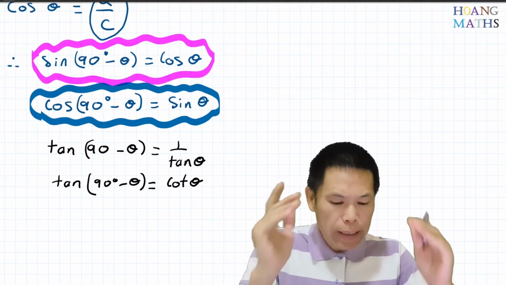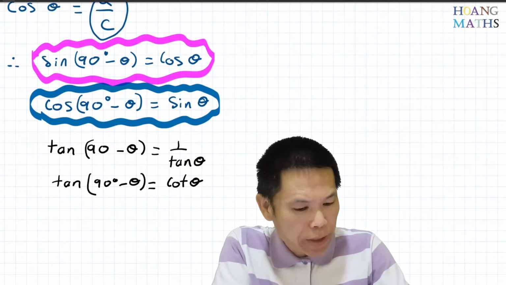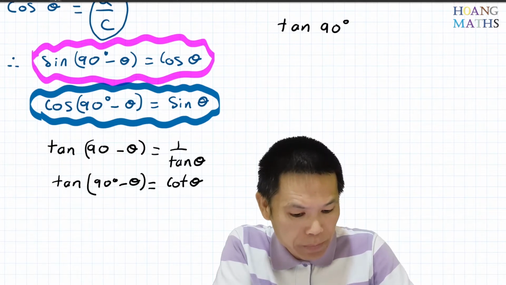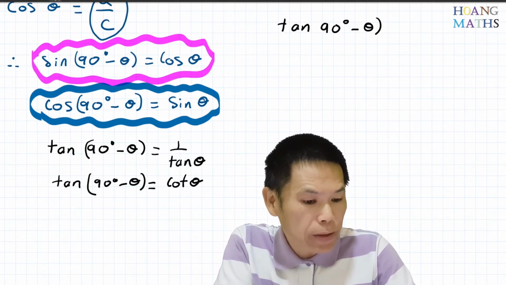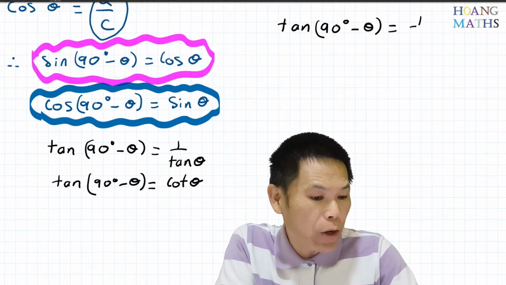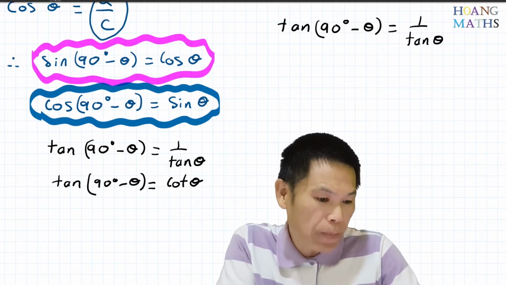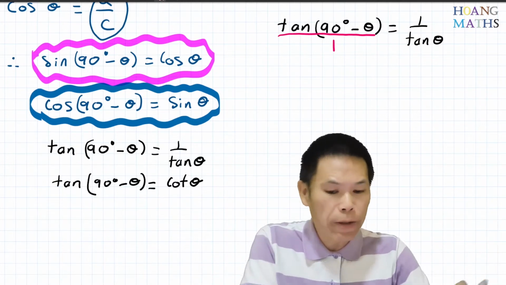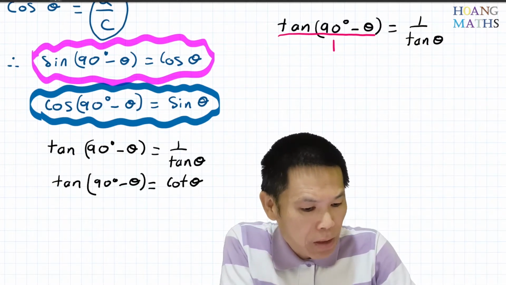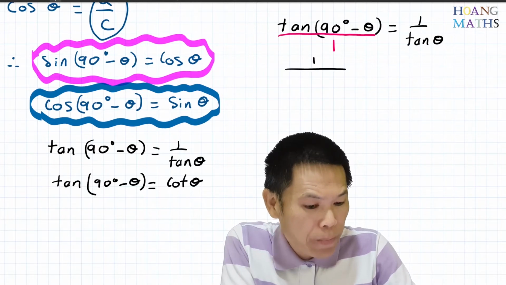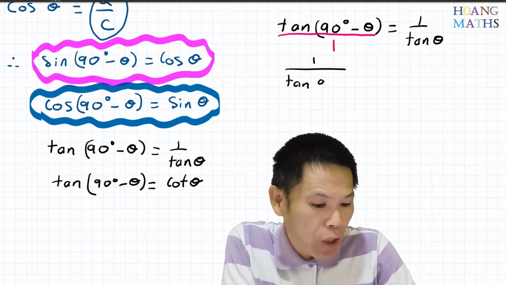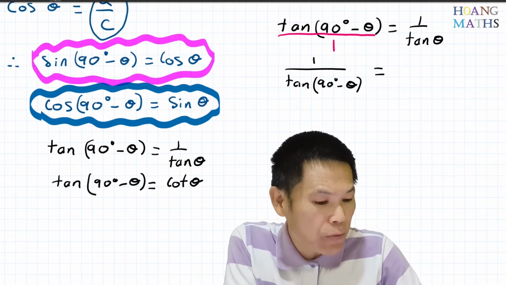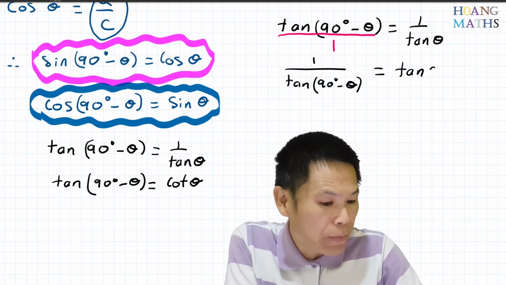Now let's explore this a little bit further. We know that tan of 90 degrees minus theta is equal to 1 over tan of theta. This is exactly the same as over 1, right? So if I flip both sides, this becomes 1 over tan of 90 degrees minus theta is equal to, we flip the right hand side as well, tan of theta.